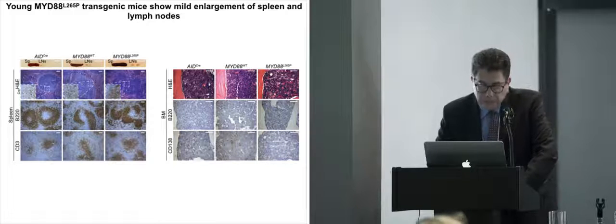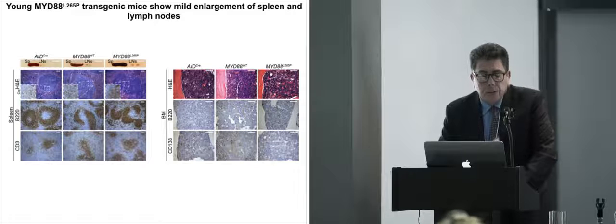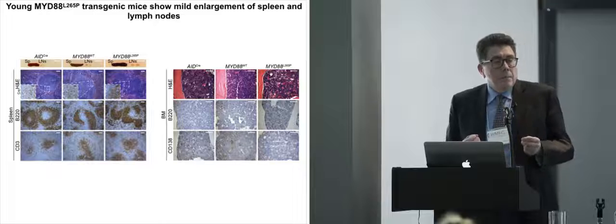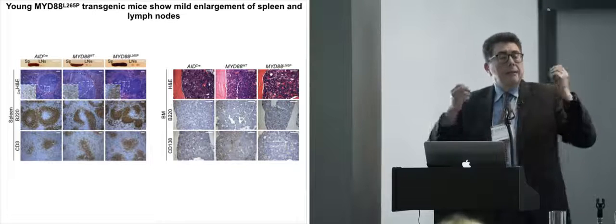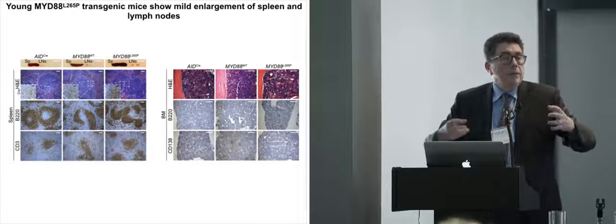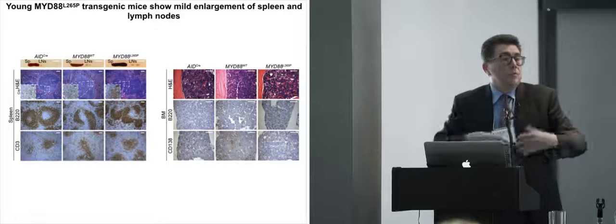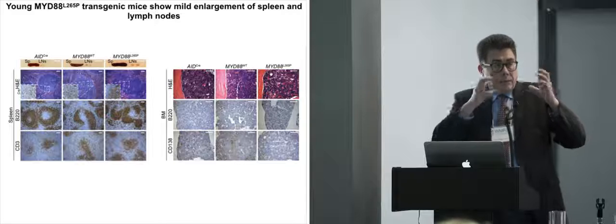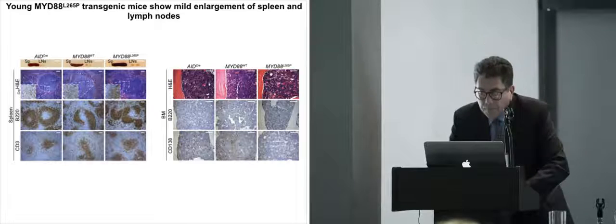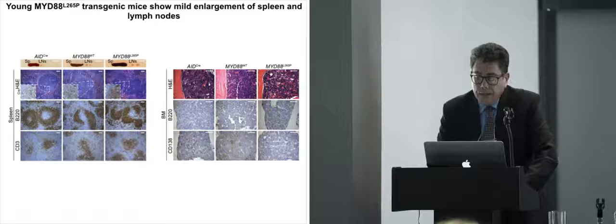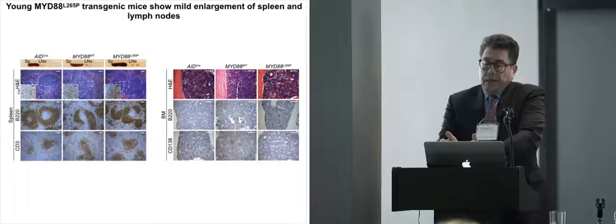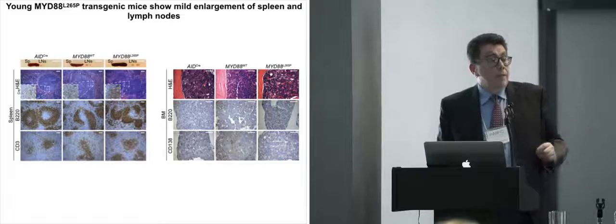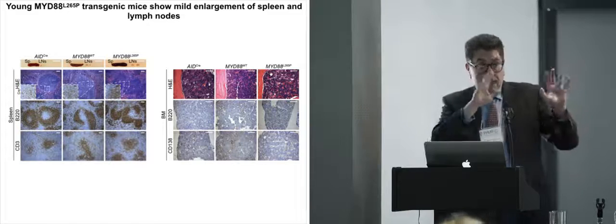But we didn't detect any major histologic or immunophenotypic characteristic in those animals. There are subtle changes that we are still unable to characterize by using flow cytometry, immunohistochemistry. Probably the differences are at the level of the individual cells. And at a very early age, we didn't see bone marrow involvement with lymphoplasmacytic cells, which is the landmark of Waldenstrom.